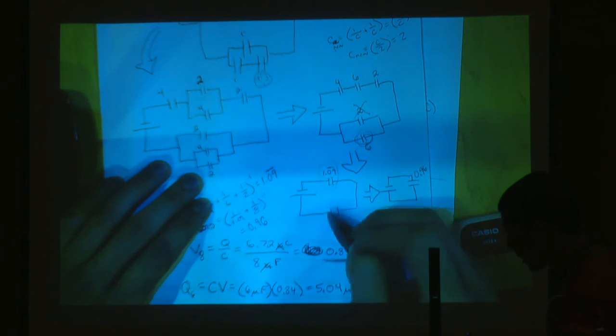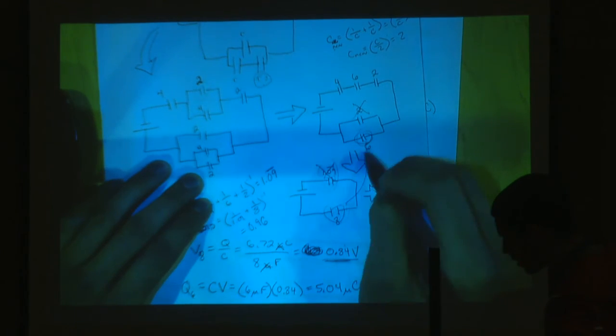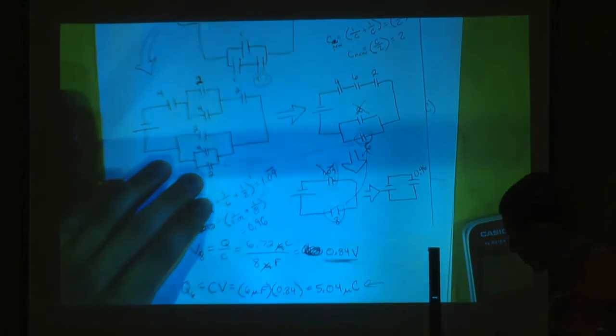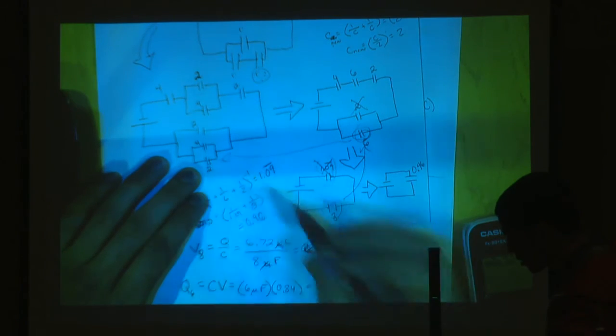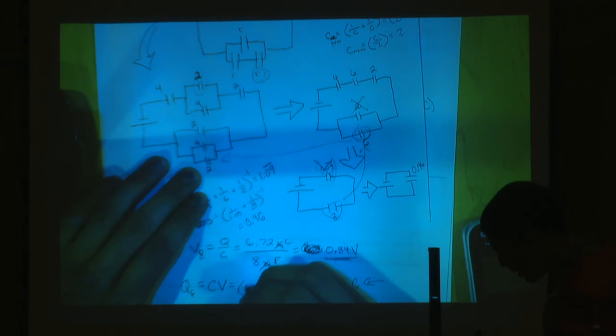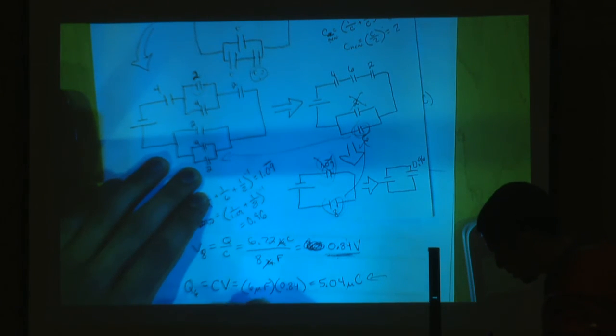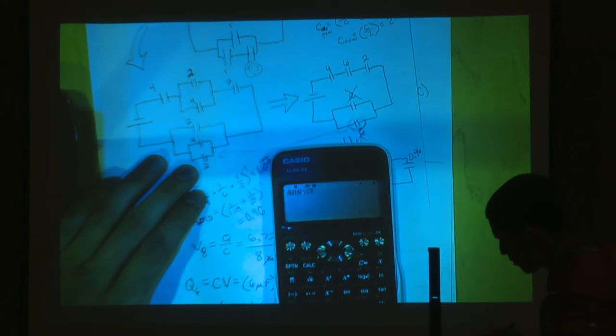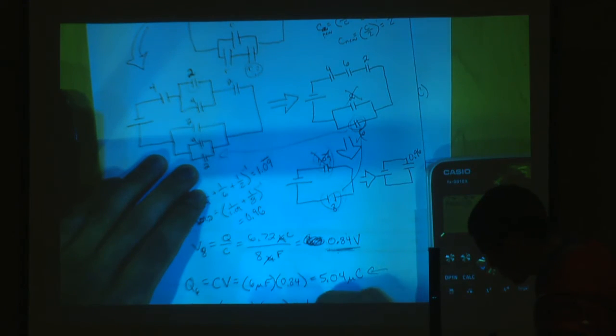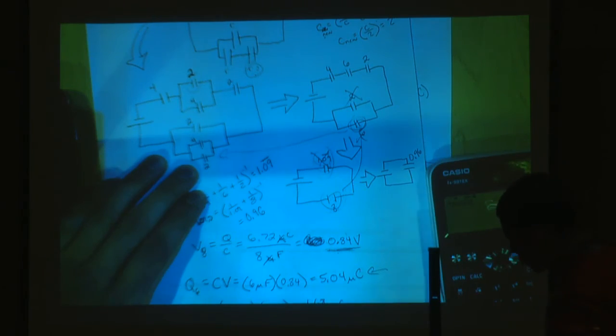So the potential from here carried on to that one, which will carry on to this one. Thus, finding the charge on 2, Q on 2 is equal to 2 microfarads times 0.84, which equals my answer that I found previously divided by 3. 1.68 microcoulombs.